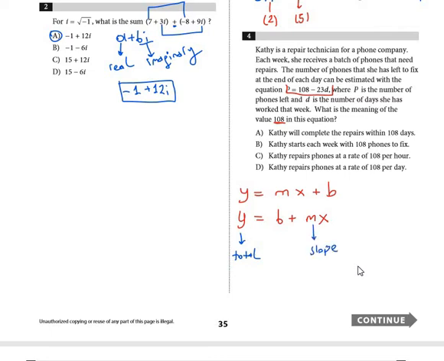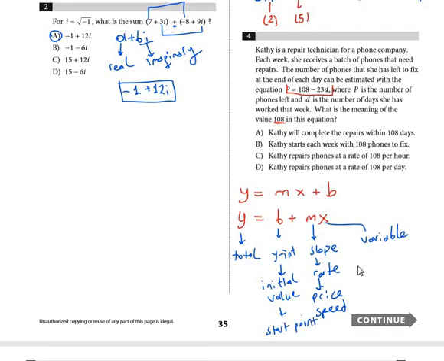Slope in real life is the rate of increase or decrease at each step, like price or speed. x is the variable. Whatever the story is, the variable will be x. And b is the y-intercept. In real life, the y-intercept is the initial value or start point.